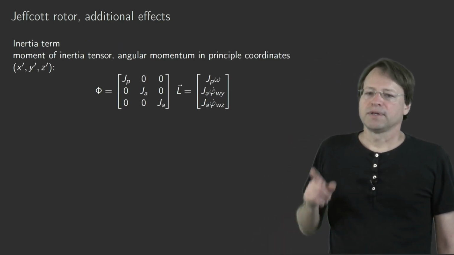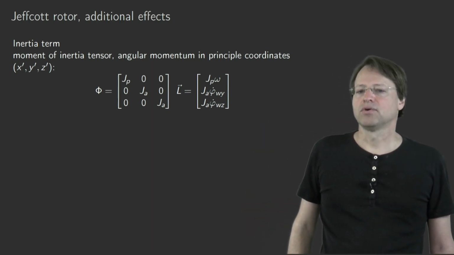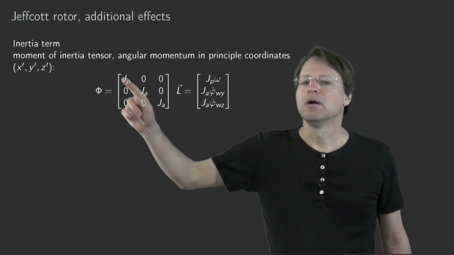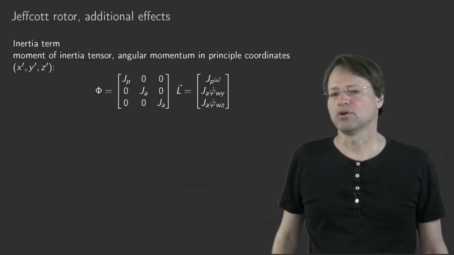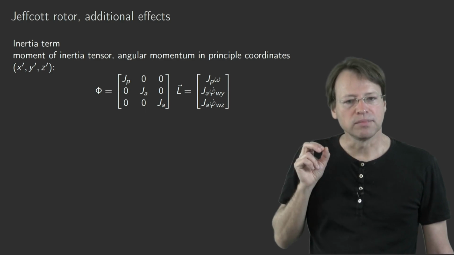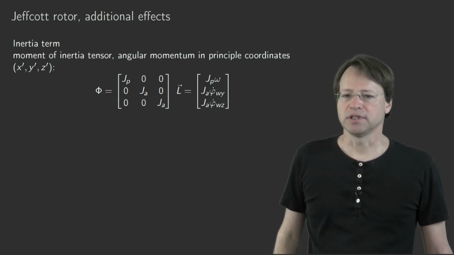So the first question is, where does this matter? And of course this matters for the inertia term and for the moment of inertia tensor, so for the mass moment of inertia. We will assume that our disk has a rotational symmetry.